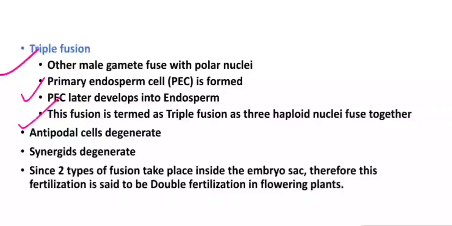As this takes place, the antipodal cells will degenerate, the synergids will degenerate. Since two types of fusions are taking place inside the embryo sac, one is fusion of male gamete with the egg cell guided by the filiform apparatus of the synergid, and the second is fusion of the second male gamete with the polar nuclei, such fertilization is known as double fertilization in flowering plants.